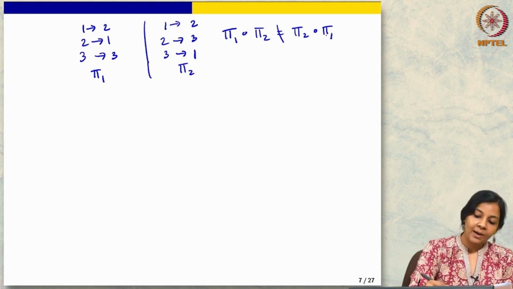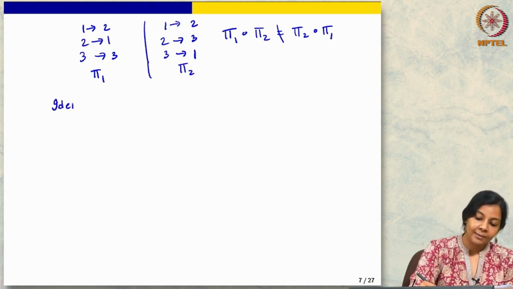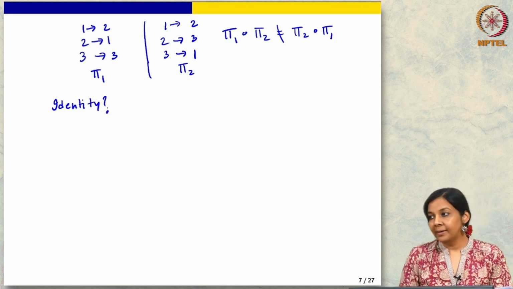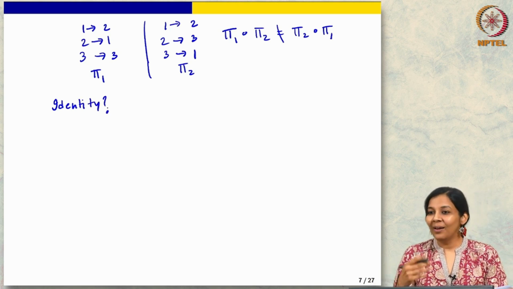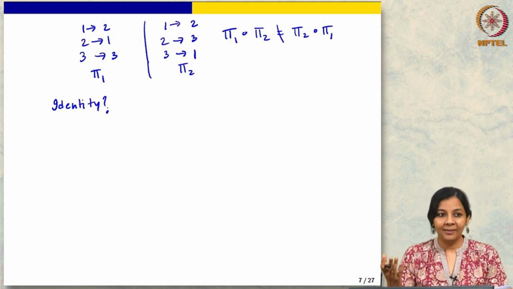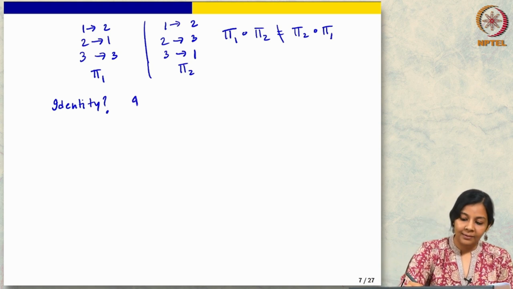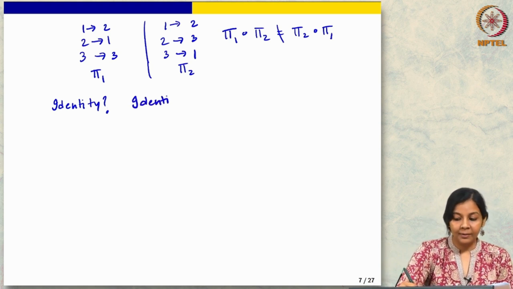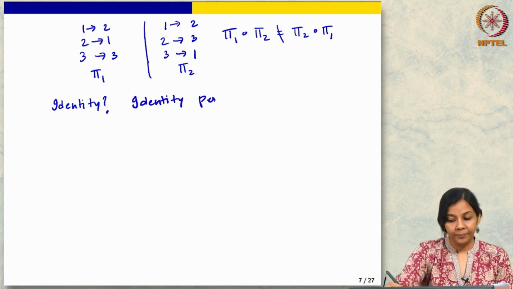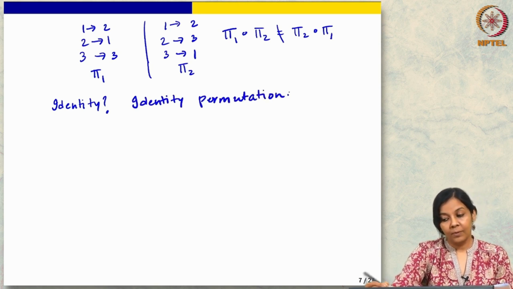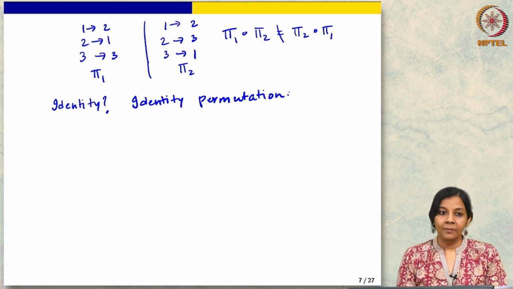Okay, what is the identity here? Yeah, so every element to itself, just the identity permutation. So that's the identity element of the group. Okay, and what's the inverse of a permutation?